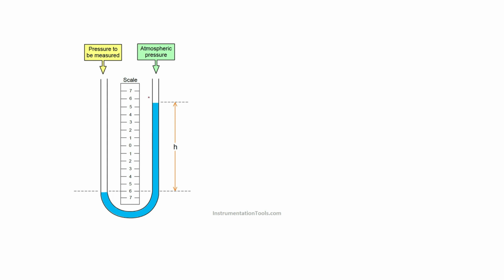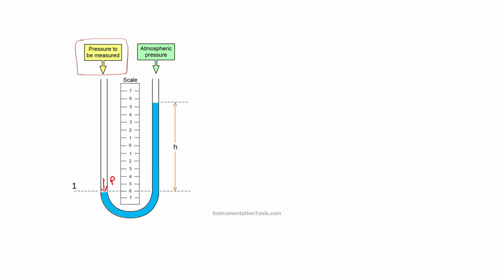Here you can see an inverted U-tube manometer, and on the left side you need to measure the pressure. At position 1, this is a pressure P which needs to be measured.